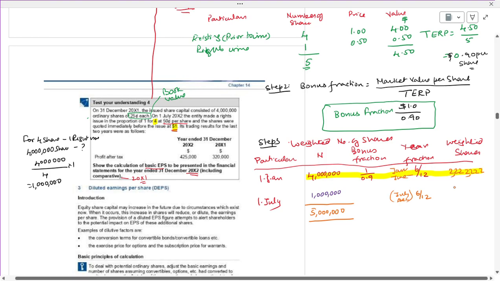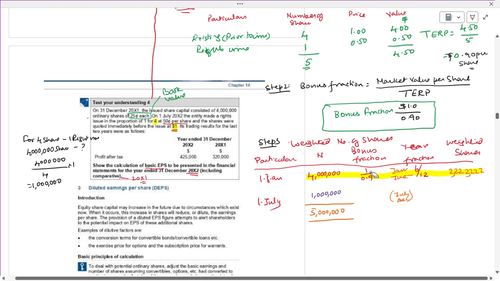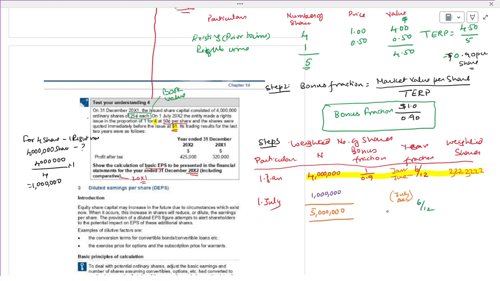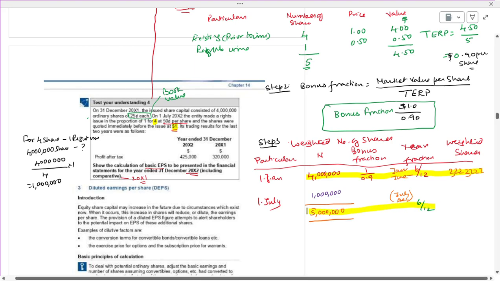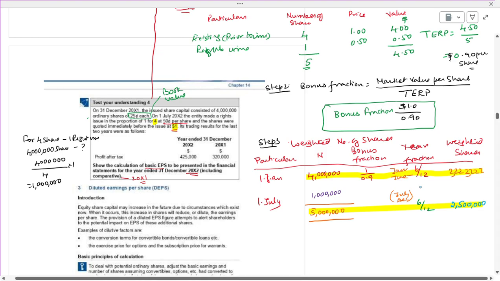Fine. It is 6 by 12. Now you calculate 5 million into 6 by 12. $5 million divided by 2. That's all. 250. Is it right? Total it comes to how much?